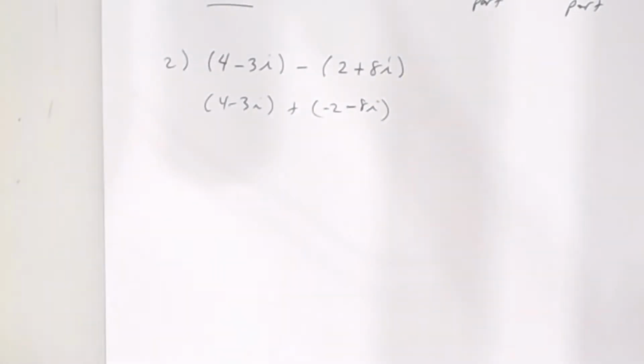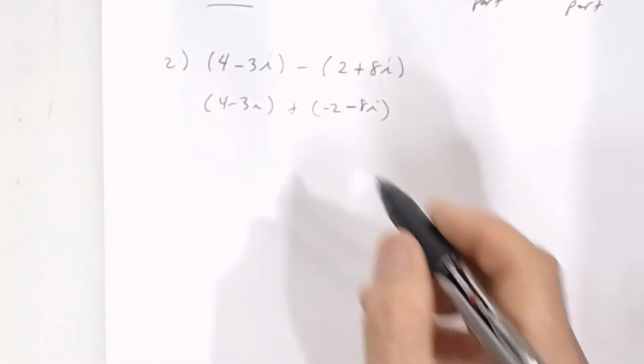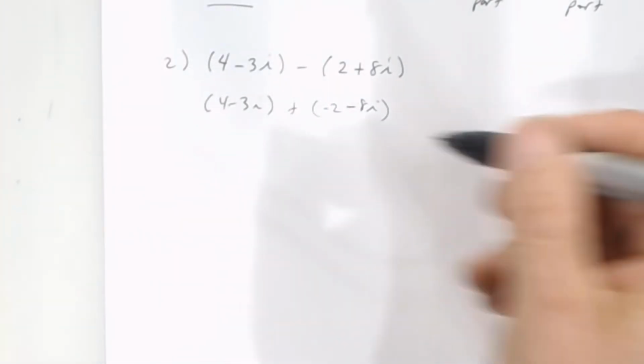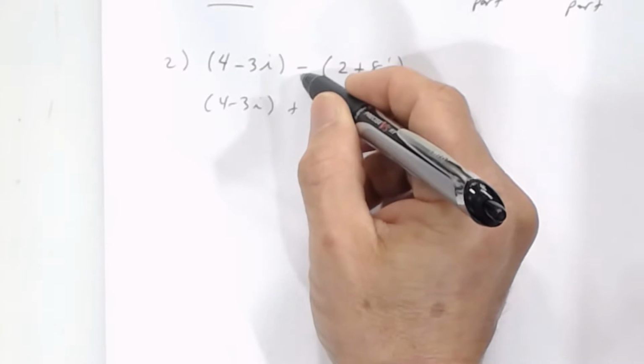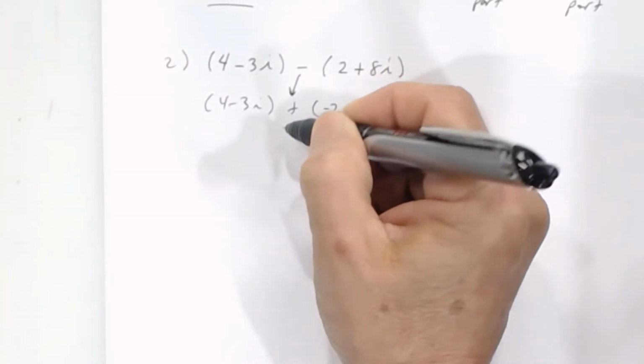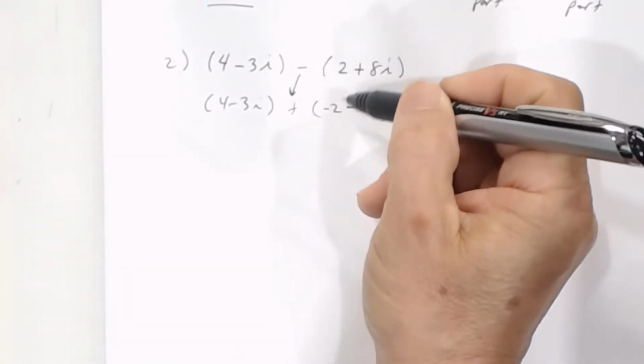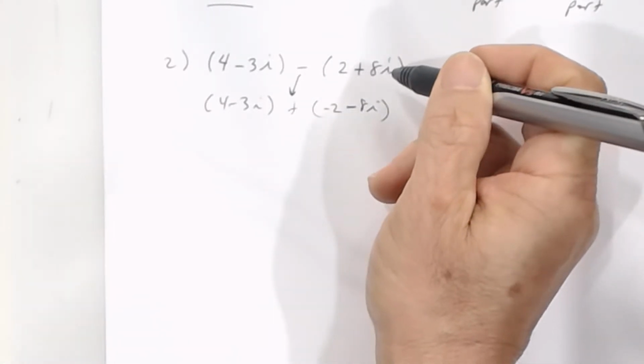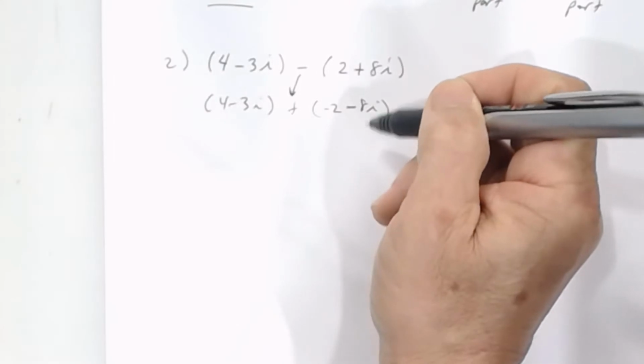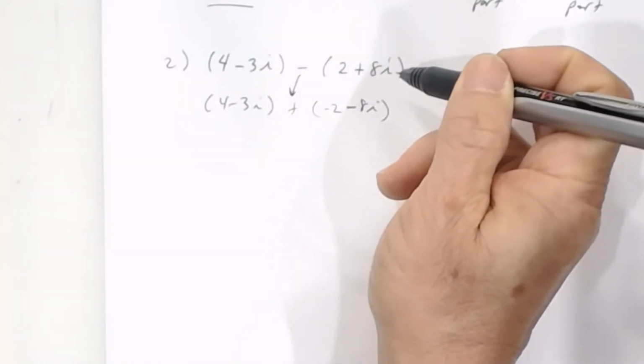You remember one of the things you learned a couple of semesters ago was you can change a subtraction problem into an addition problem by adding the opposite. What's the opposite of a positive 2? Negative 2. What's the opposite of a positive 8i? Negative 8i, which is the same thing as distributing a negative 1.